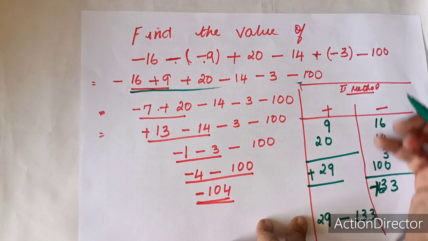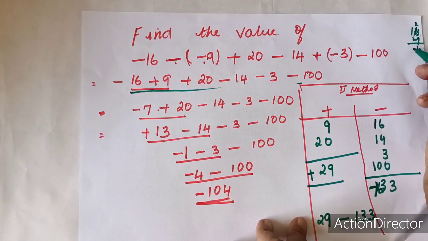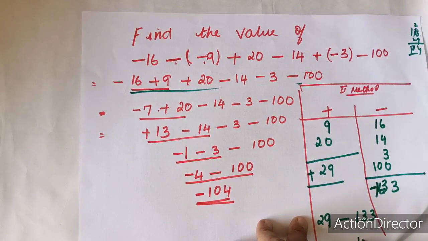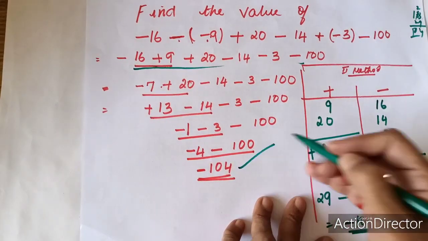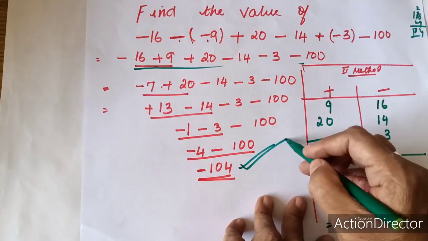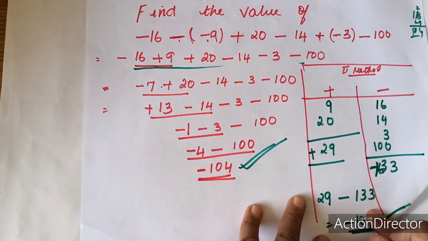So what is 133 minus 29? 104. But after subtraction I have to see the bigger number is 133. Sign of the bigger number is minus. So my answer is minus 104. Hope you can see that both the answers are the same by both the methods. So whichever method you feel is easy, you can do that method.